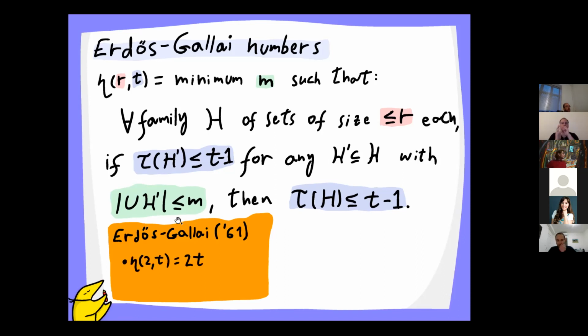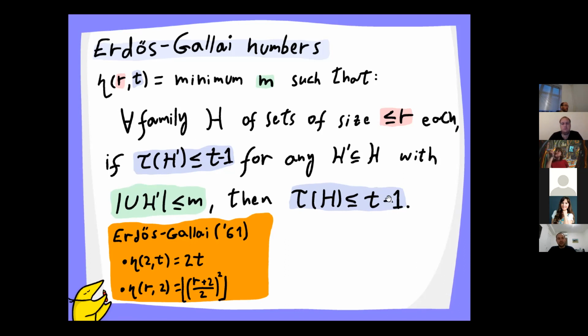So they showed that for r equals 2, eta 2 t is 2 times t. So this is the case of graphs, families of sets of size 2. And in the special case t equals 2, they showed that eta r 2 is (r plus 2 over 2) squared.